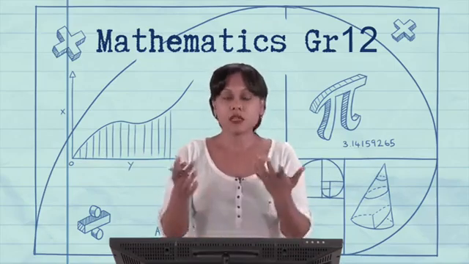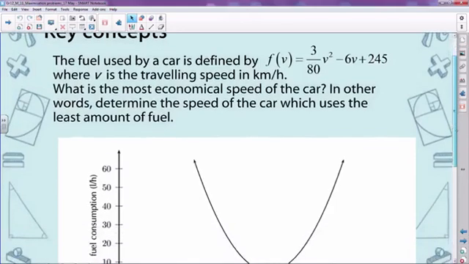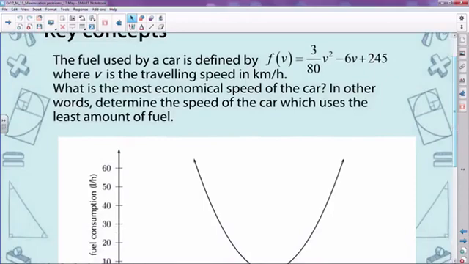All right. The key concept we're looking at today is something like the fuel used by a car, and I'm going to go through this whole thing with you. The fuel used by a car is defined by an equation where the function value is a function of your speed, so f of v.